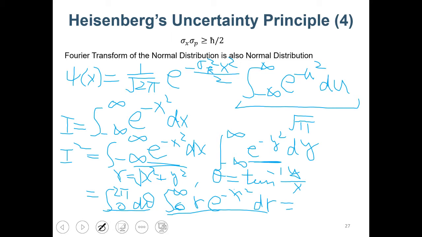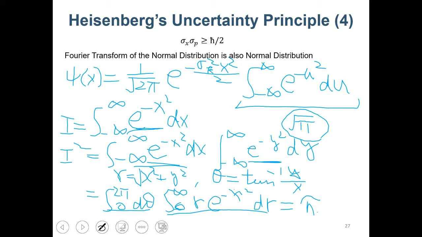So finally you get pi, and I squared is pi, and I should be positive because this integrand is positive. So we finally find that this integration is square root of pi.